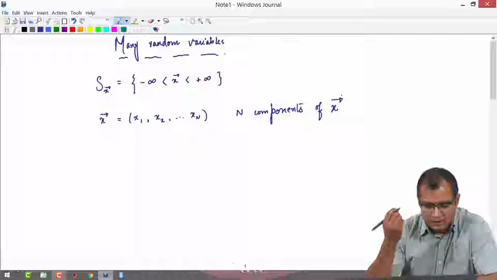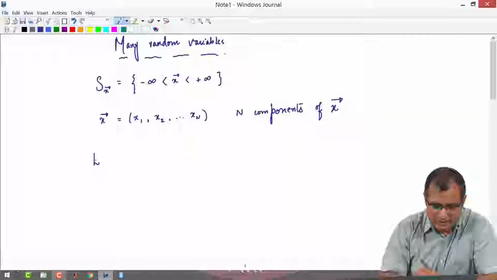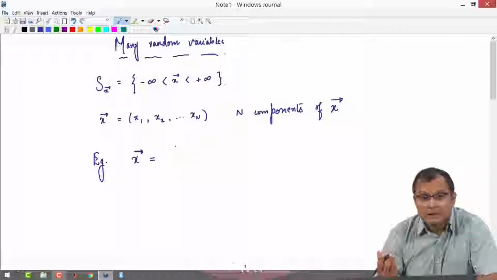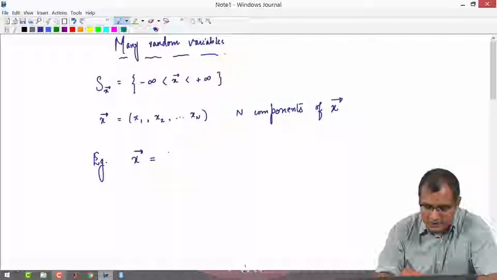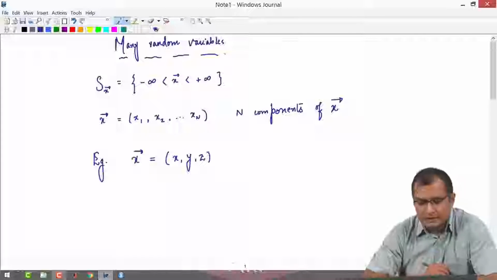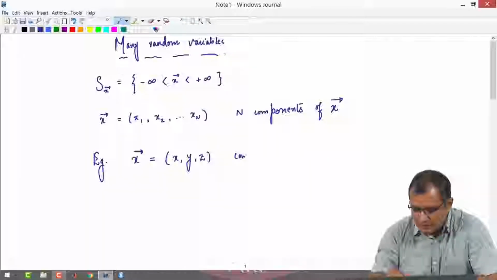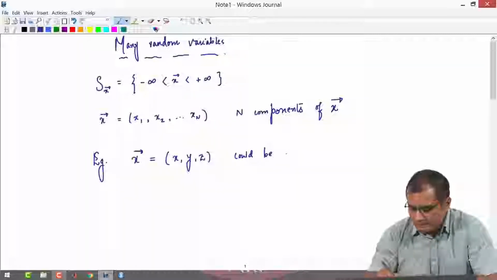Now this is relevant. For example, if you take x to be the position of a gas particle in this room, then it is nothing but the x, y, z components of the position of the gas particle.